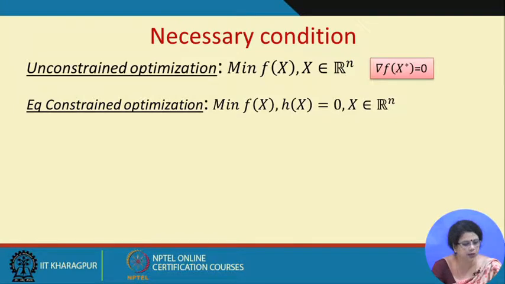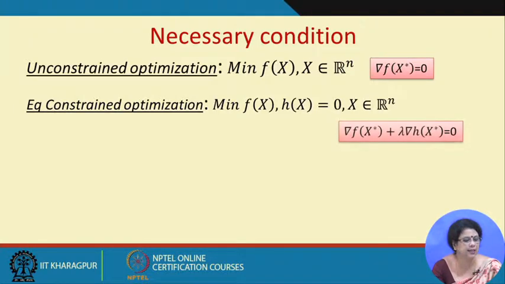I explained this in the last class by considering the Lagrangian parameter. The necessary condition is grad f plus the Lagrangian multiplier lambda times grad of h(x star) equal to 0.